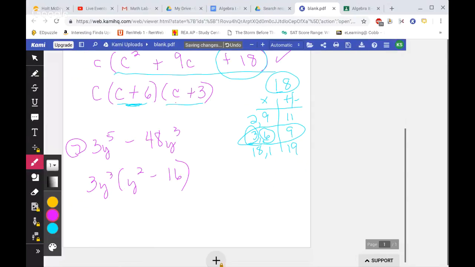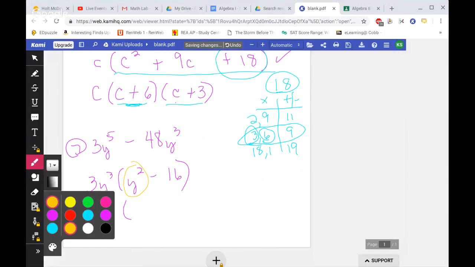Yes. Now, once again, referring back to chapter 1, this second thing there, the y squared minus 16, that's the difference of two squares. Do you remember learning about that? Refresh me. This y squared is a perfect square, and this 16 is a perfect square.